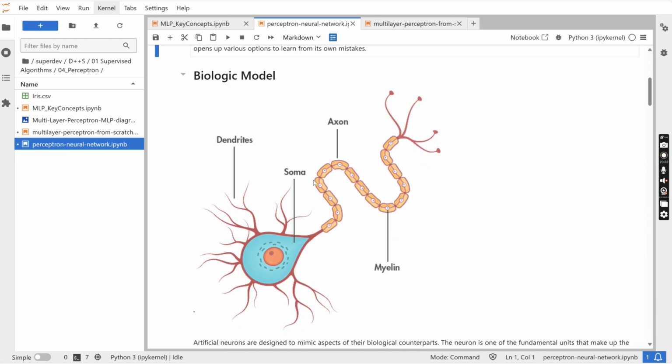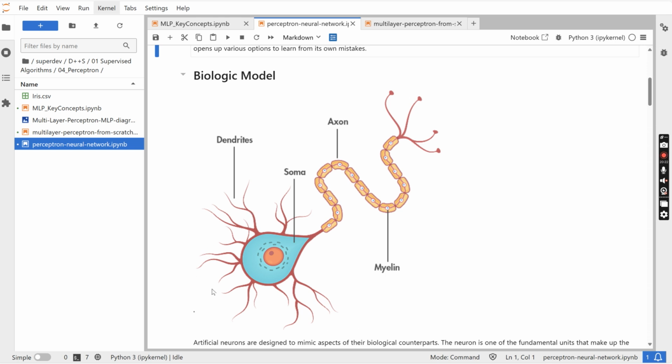Here, as you can see, you have all these functionalities. These are inputs. Dendrites take the inputs from other neurons. The very first neurons take the input from our skin, our eyes, or our ears. Basically all of our senses are connected with these neurons.